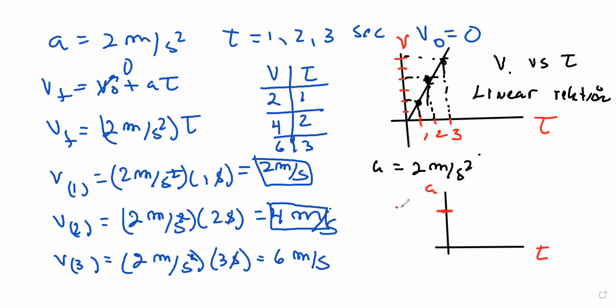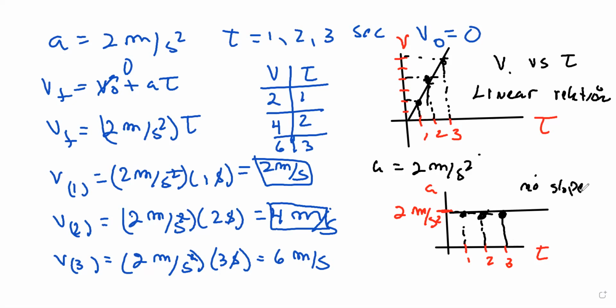So it's going to be 2 meters per second squared, and you got 1, 2, and 3 seconds. So your acceleration is going to be the same here, the same here, and the same over here. So your acceleration is going to look something like this. So there's no slope there. Okay, no slope.